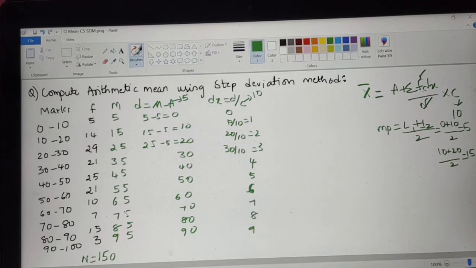Here we have to multiply f dx. This is f into dx, not f into d into x.